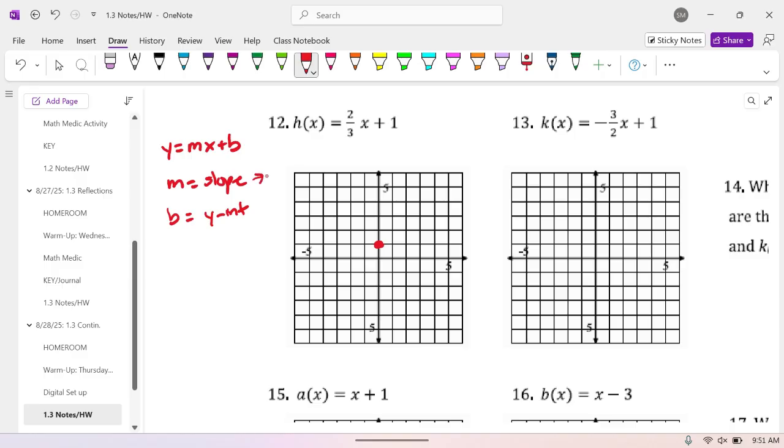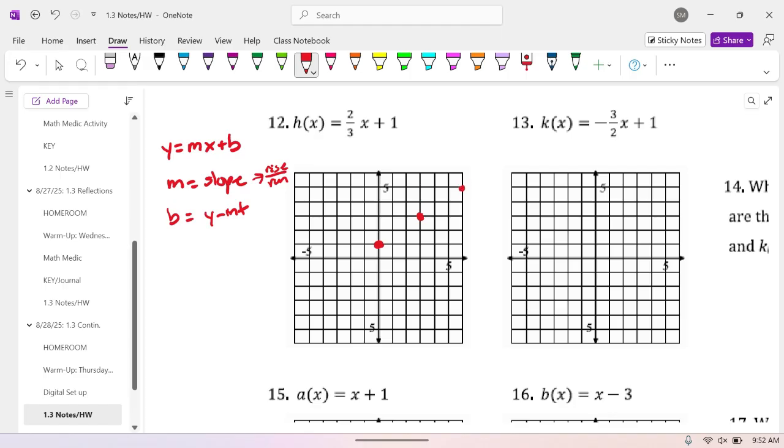Now remember, slope is typically in the form rise over run. So if you just see a whole number, just put that number over 1, that's your run, okay? So like if it's a slope of 3, 3 over 1. But we're going up 2 over 3, and it's a positive slope, so we know we want our line to look something like that. So I'm going to go up 1, 2 over 1, 2, 3.